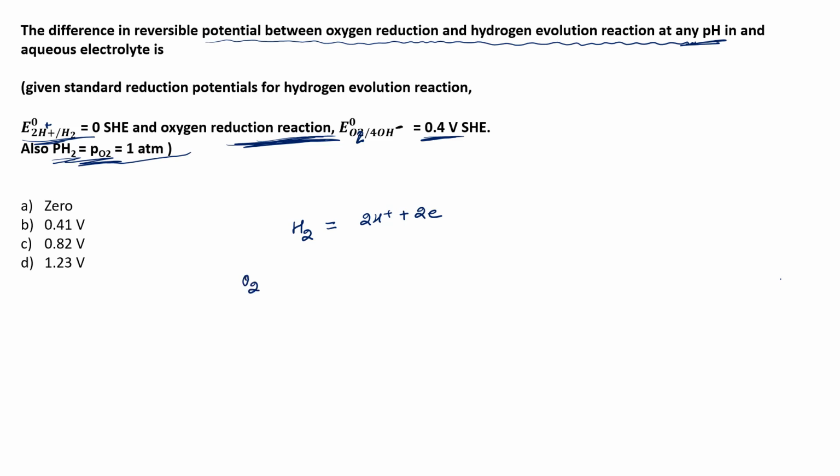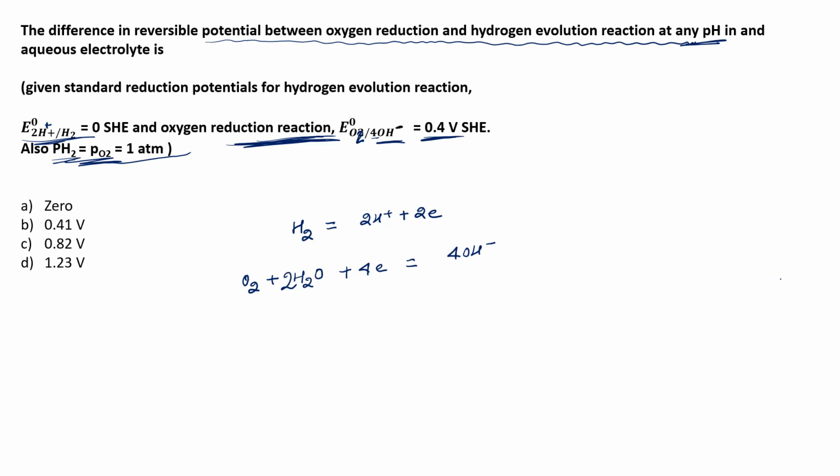So here O2 plus, since in the product we have OH, there has to be H2O involved over here, and 4 times OH minus means 4 electrons will be involved here, which will give you 4 OH minus.